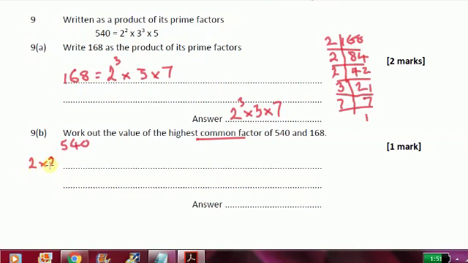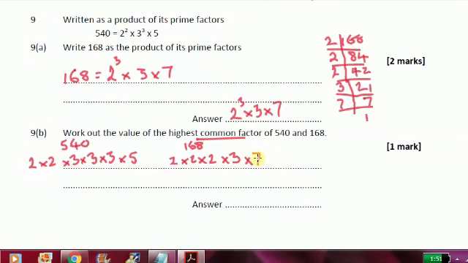And 3 cubed is times 3, times 3, times 3, and then times 5. Makes it easier when we look for the common factors. And 168, I've just worked it out. My answer is 2 cubed, which is 2 times 2 times 2, times 3, times 7.